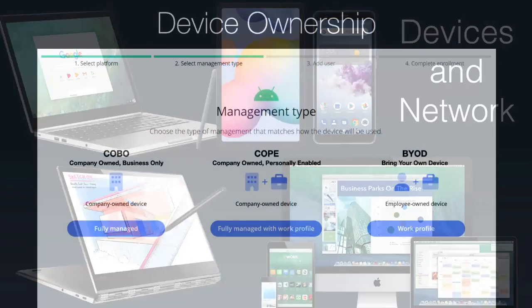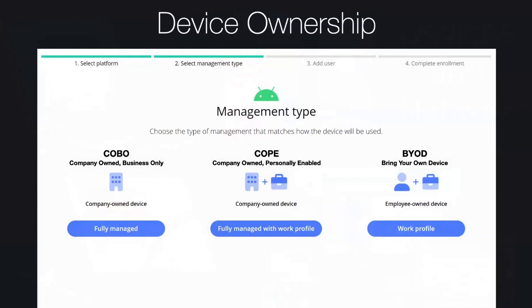So we'll start with talking about device ownership options. And it's certainly not a one size fits all. We have businesses that have all sorts of different ownership options in terms of who owns the devices, whether it's the individual worker or the company. And a lot of people will have a blended approach.